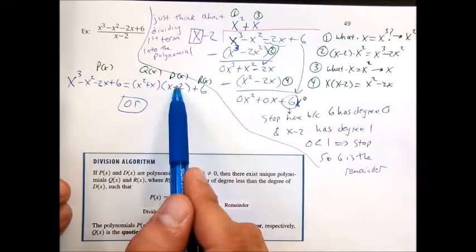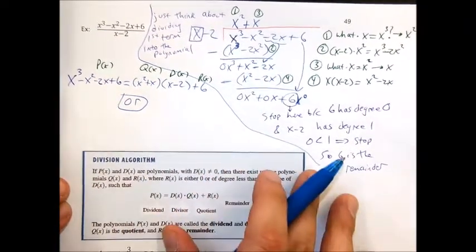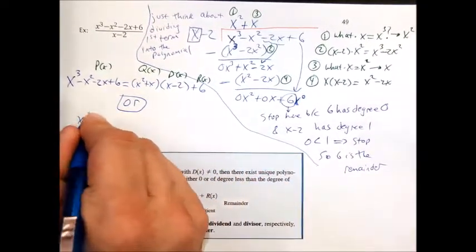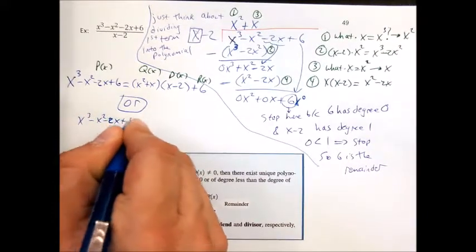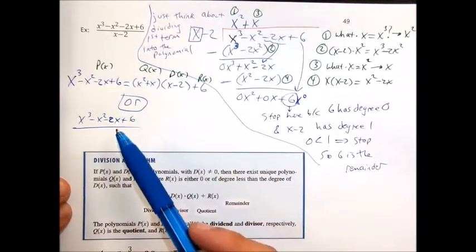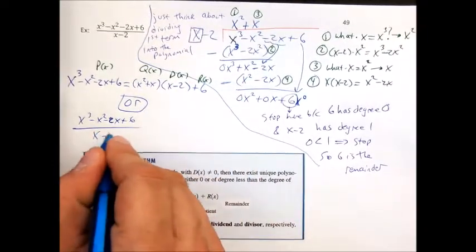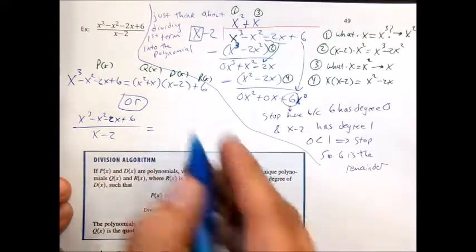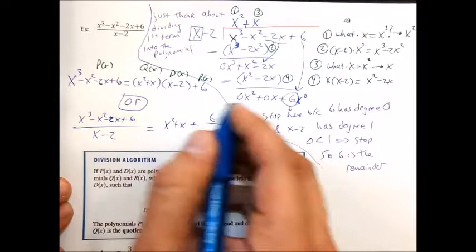It would cancel this x minus 2 in this piece, and the 6 would be divided by x minus 2. And so that's the other form of the answer. The other way we could write this is that our dividend divided by our divisor equals our quotient plus our remainder over the divisor.